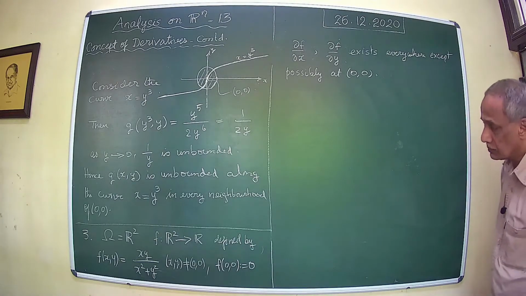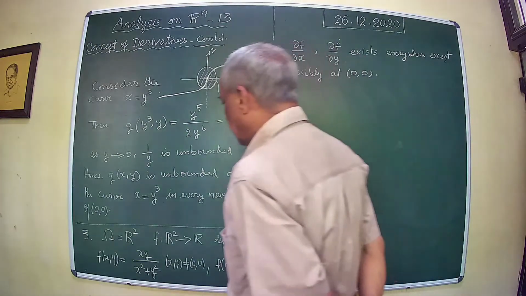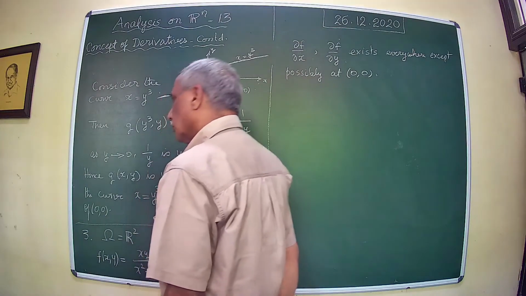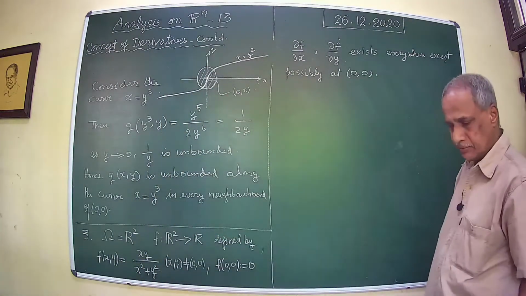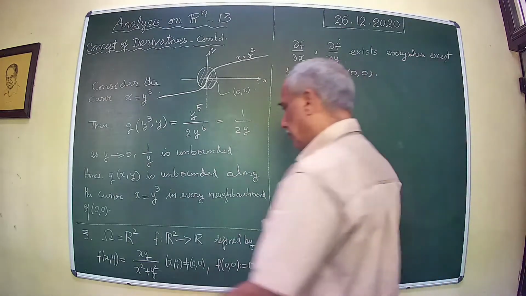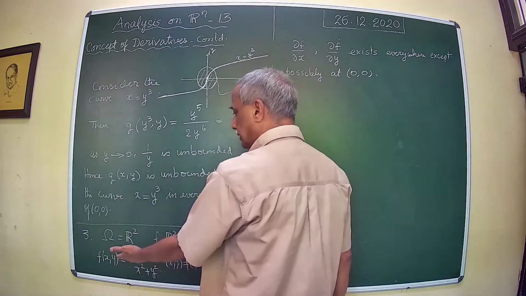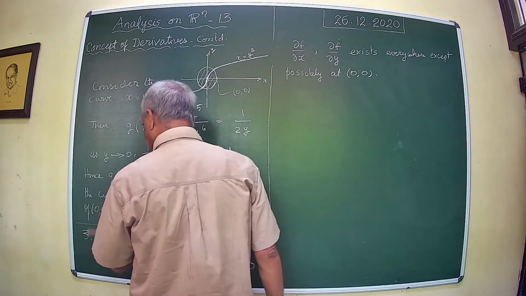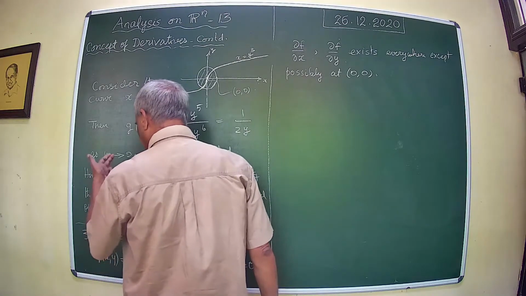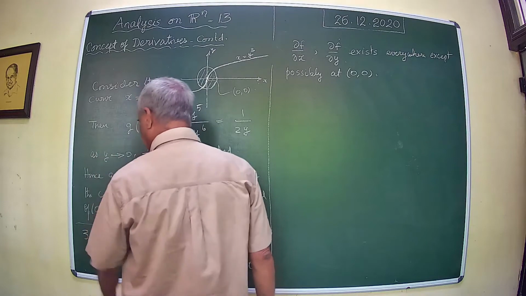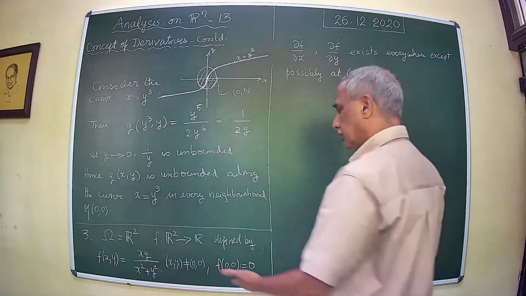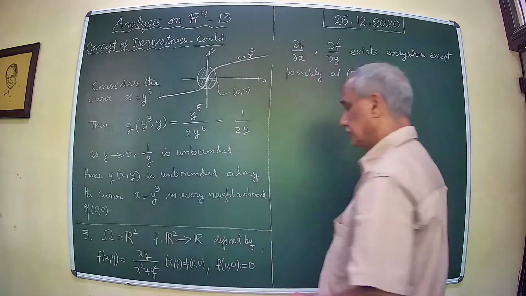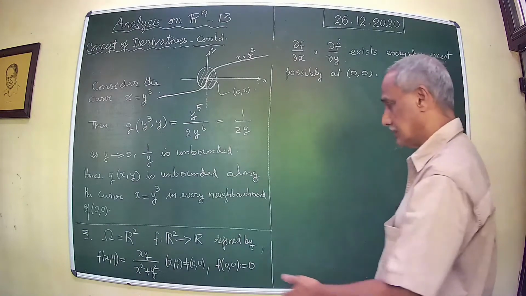Why does this happen? Because the function f of x, y is xy divided by x square plus y square, and if you try to compute the derivative, the partial derivative of f with respect to x means you are keeping y fixed and looking at the rate of change of f as a function of x. So you can compute the derivative treating y as a constant. If you do that, it's easy to compute.